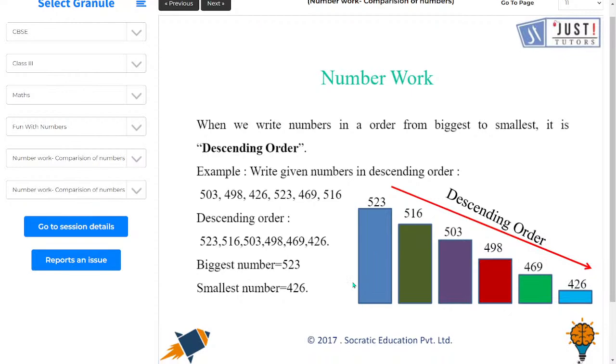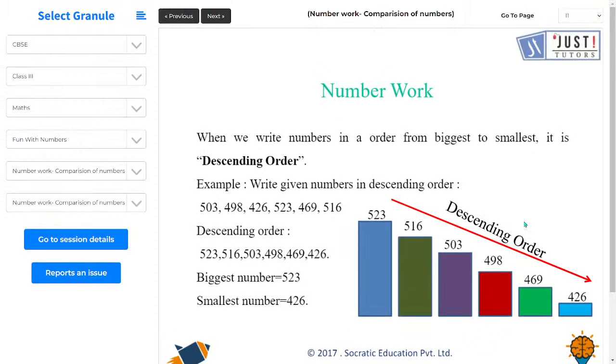Now when we talk about descending order, यहाँ पर जो हमारा biggest number होता है, that is the first number, and that is 523 in this case, और जो smallest number है वो सबसे end में होगा. The smallest number is just at the end, that is 426.